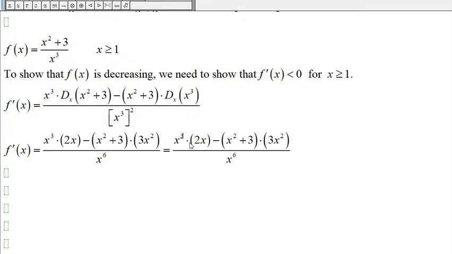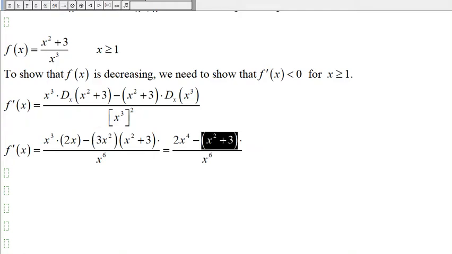And this becomes 2x to the fourth. And then we have a negative here, so let's go ahead and move this to the front so we can multiply. Negative 3x squared times x squared would be negative 3x to the fourth.